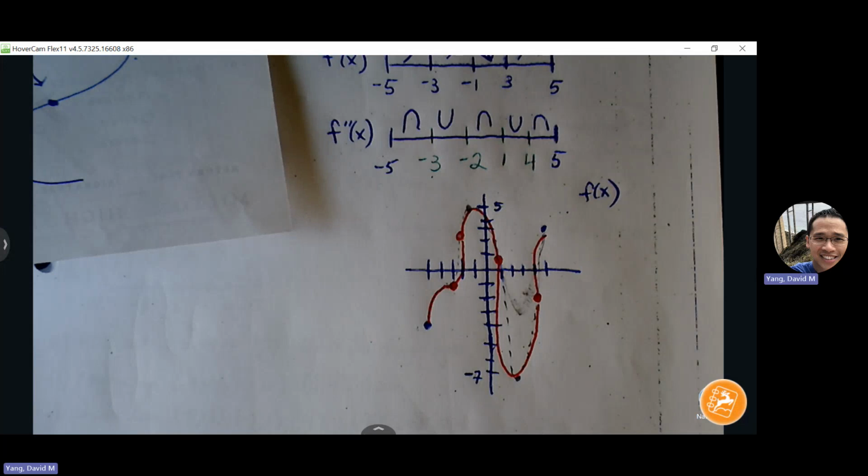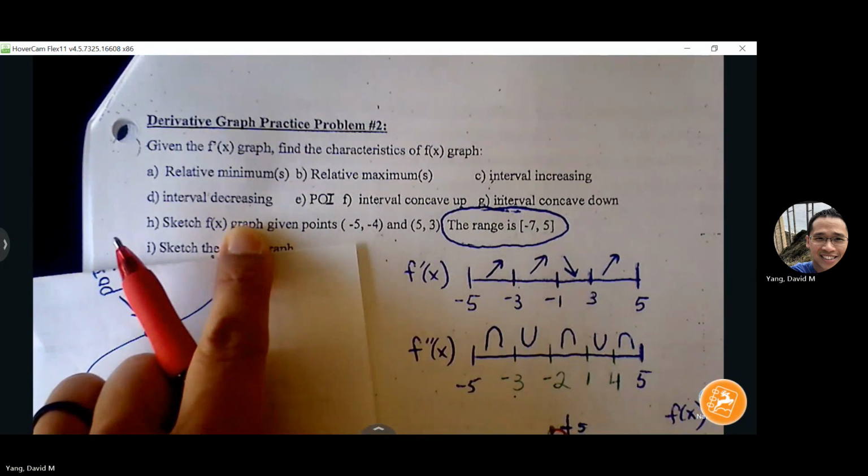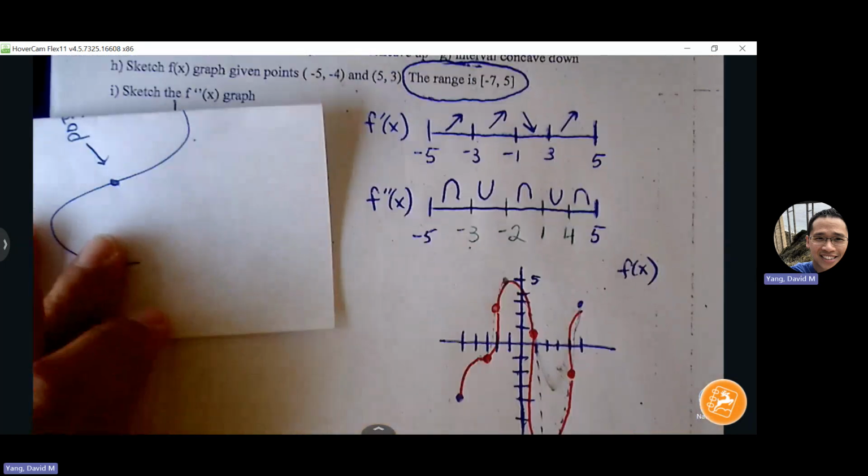You don't have to erase your dotted line. In fact, I like seeing that because then I see that you're kind of progressing to the next step. You sort of do that at double prime. Yeah, we still do f double prime, but are we okay with f of x? Can we just arrange for that double prime here? Nope, I'll just ask for the range on the f of x graph. I thought that was the f double prime graph. No, this is my f of x graph. My f double prime graph will look a little different.